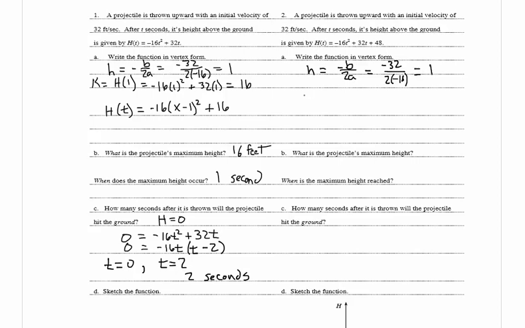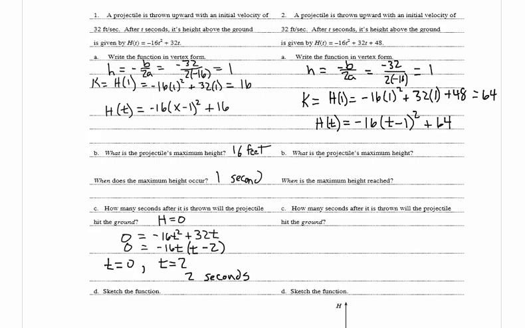And now we're going to find k, and k is equal to h of 1, which is equal to negative 16 times 1 squared plus 32 times 1 plus 48, and this is equal to 64. So our vertex is (1, 64). So in vertex form, h of t is equal to negative 16 times t minus 1 squared plus 64.